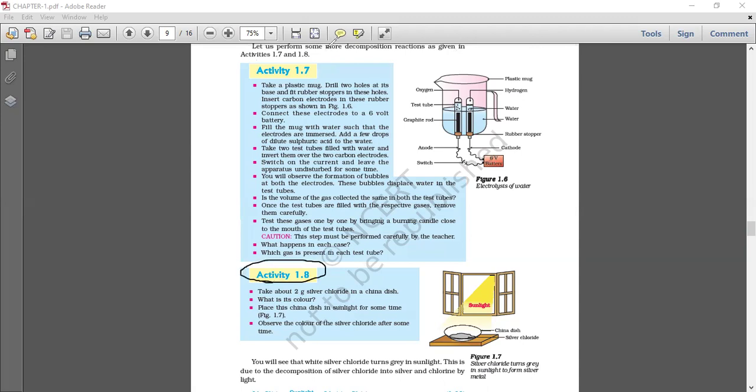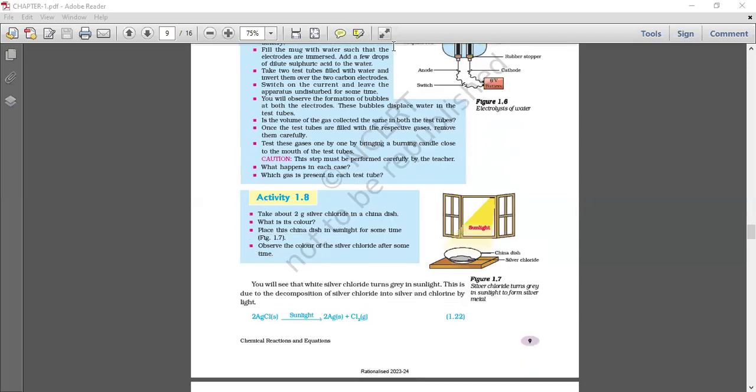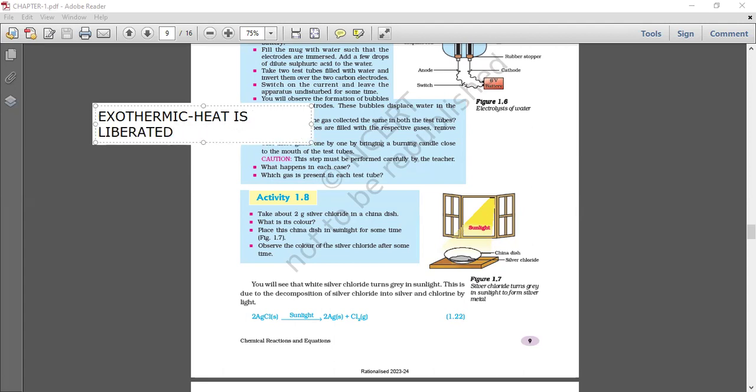In activity 1.8, we are going to study endothermic reactions. As I have already explained in the previous videos, exothermic means that during a chemical reaction, heat is released or liberated. Such reactions are called exothermic reactions.